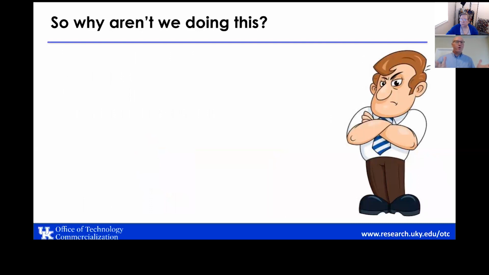So if this works so well, why aren't we all doing it? Well, the short and simple answer, and the thing that we don't want to overlook here, is that this is very, very hard. Going out and interrupting the idea and the process and the enthusiasm of taking an idea and moving it very quickly into the research phase, and inserting instead some of this work around customer discovery and market work and other things like that.